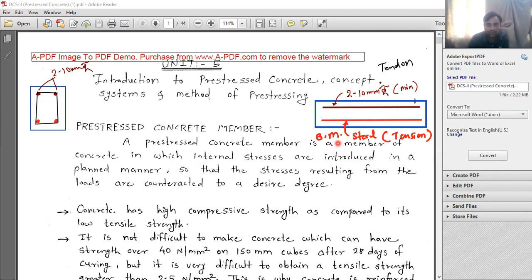Give me the reply fast. Do you want me to repeat it again, or shall we move further? Anybody, you can unmute yourself and talk, or you can give me a reply in the chat also.